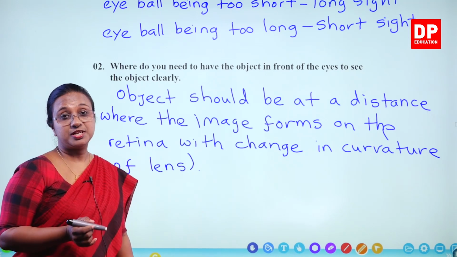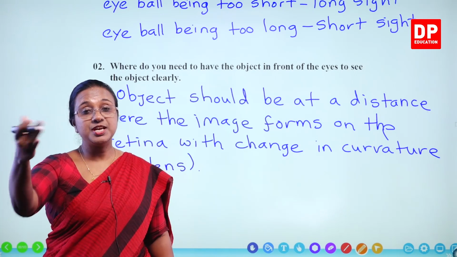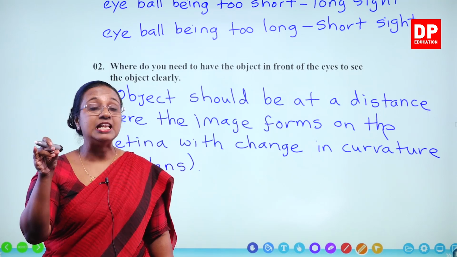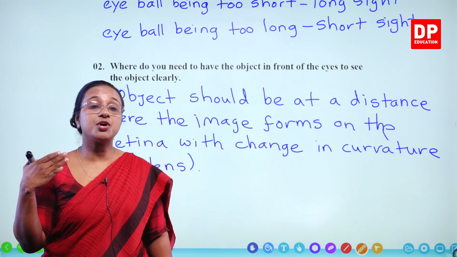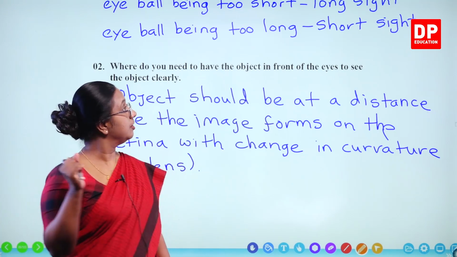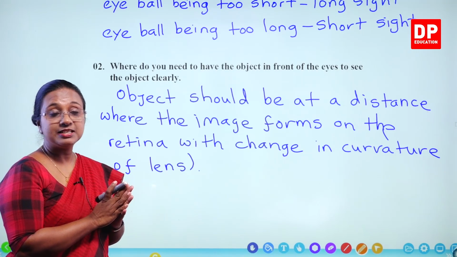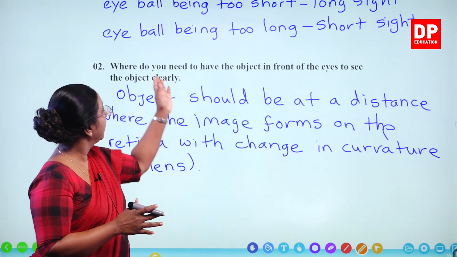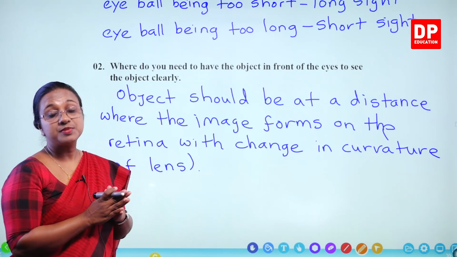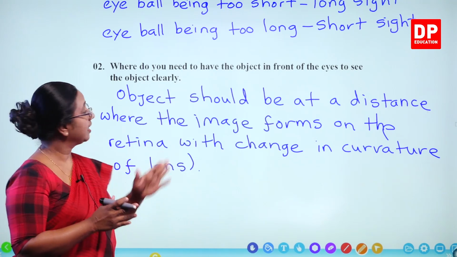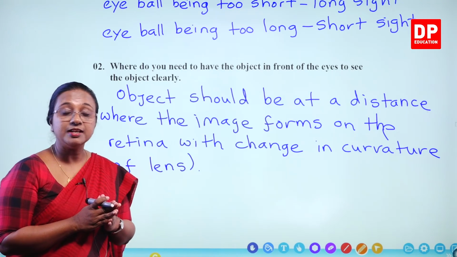So you all know, students, when you want to see a far object, the curvature has to be less. If you want to see a close object, the curvature has to be more. So that is how the lens changes curvature and forms a clear image on the retina, irrespective of the object distance.